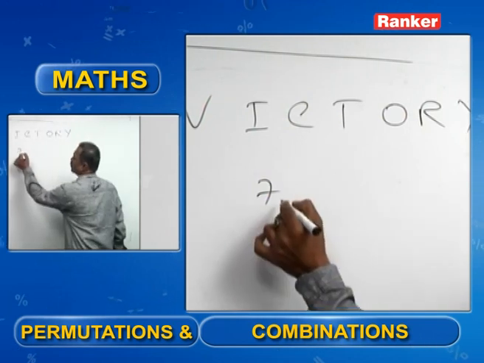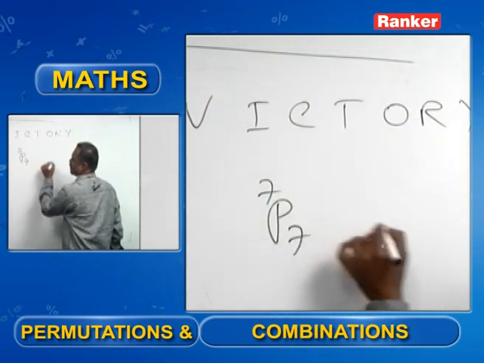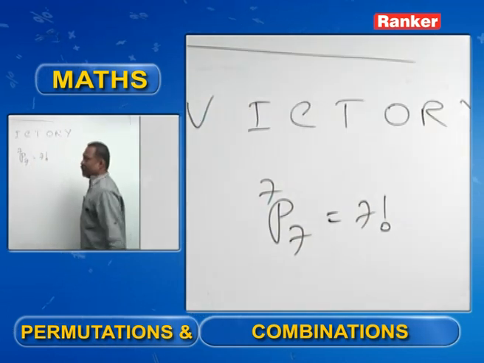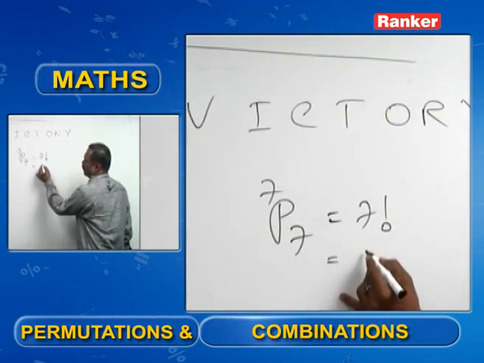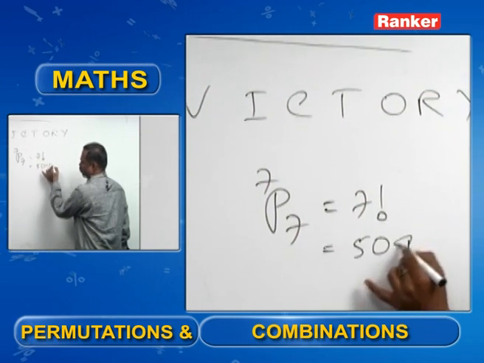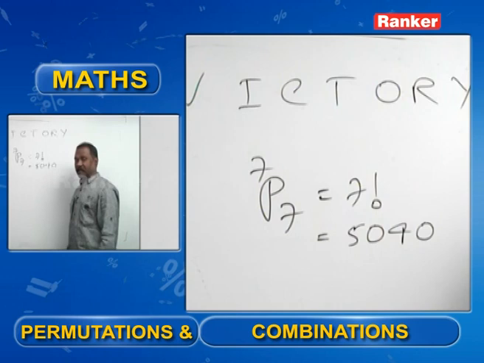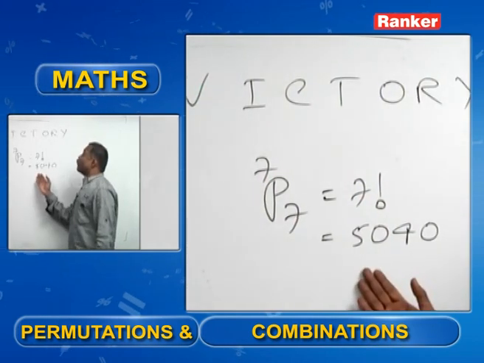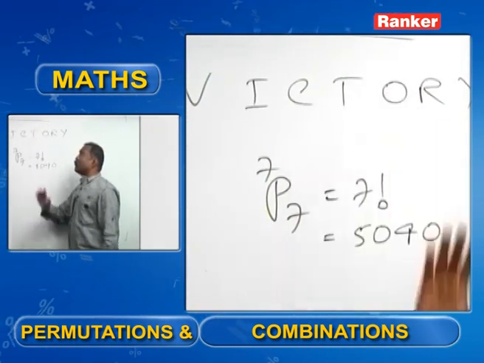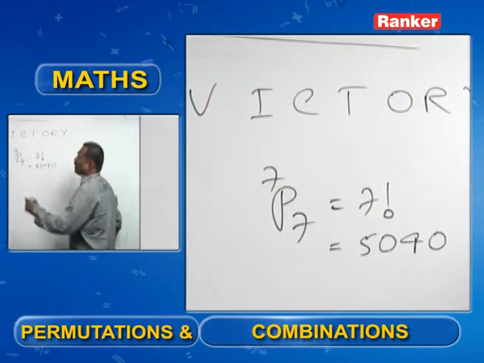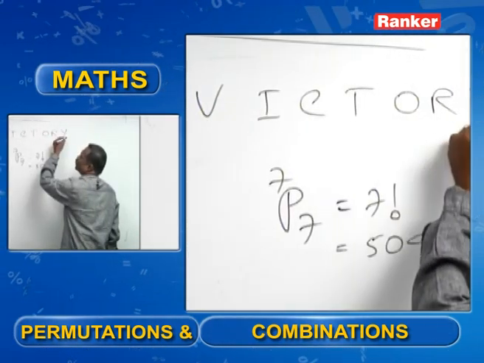So they can be arranged in how many different ways? 7P7 different ways, which is nothing but 7 factorial different ways. 7 factorial is nothing but 5040. So 5040 different letter arrangements you will get from the letters of the word VICTORY. In another way also you can think: how many letters are there? Totally 7.